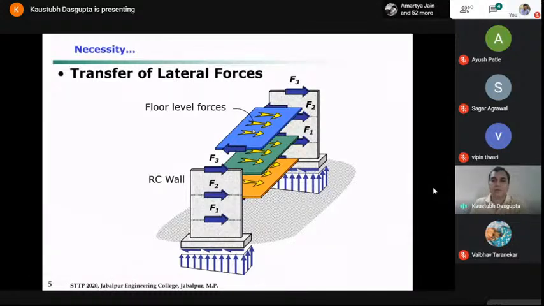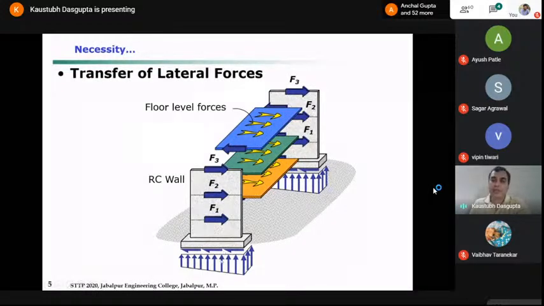Your walls get the forces at every floor level. Finally, they transfer to the footing, and through bearing pressure and other mechanisms, they are transferred to the underlying soil. So this is how your lateral forces are transferred from the floor level to the wall to the soil.